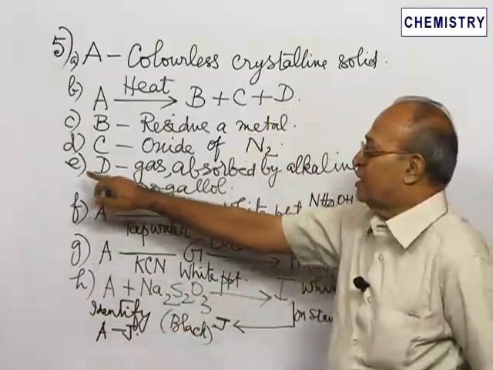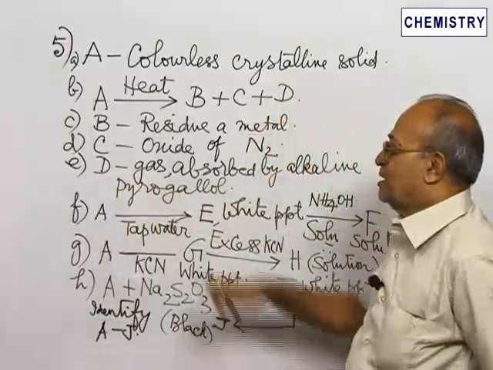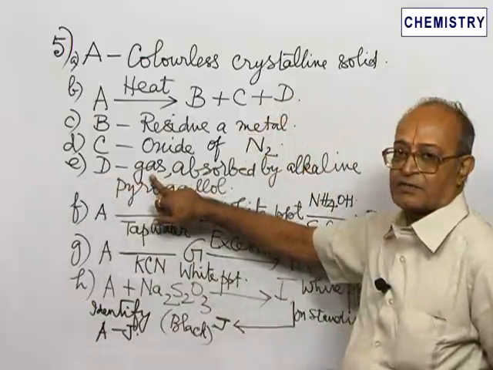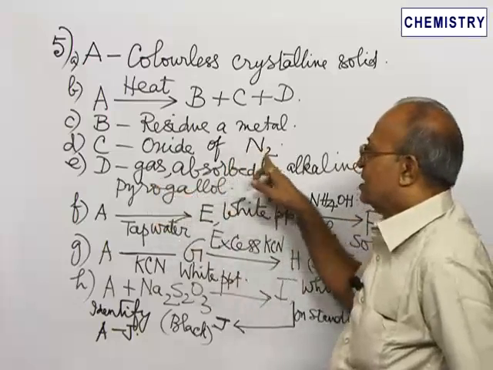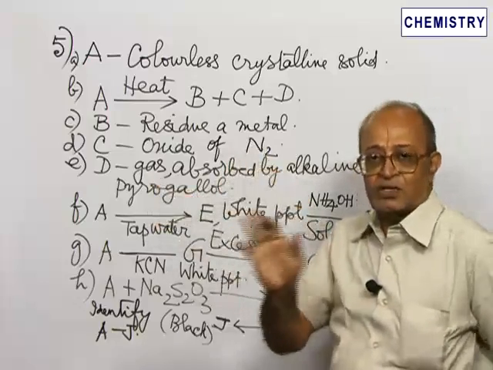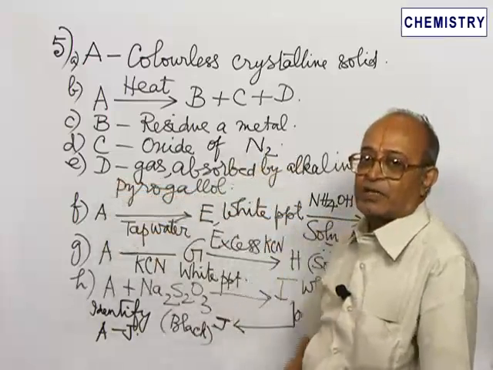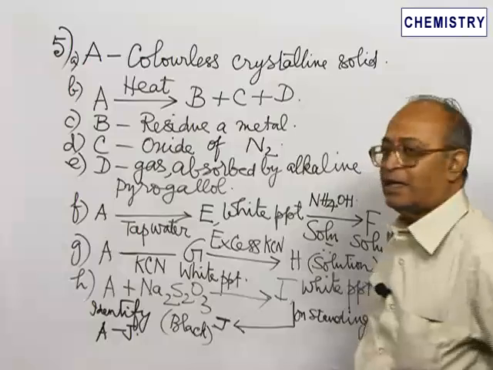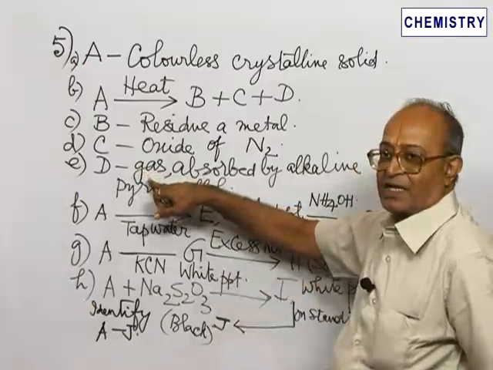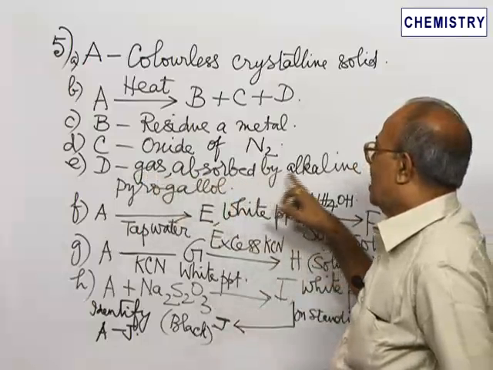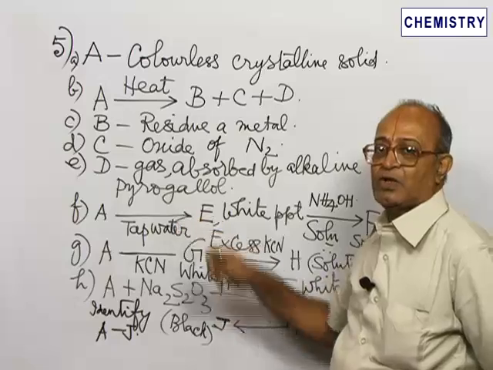Come to this point. D, a third product, is said to be a gas. Just now I have told you, if it is an oxide of nitrogen, it is also a gas. D is also a gas. But it is given D, which is a gas, is absorbed by alkaline pyrogalol solution.